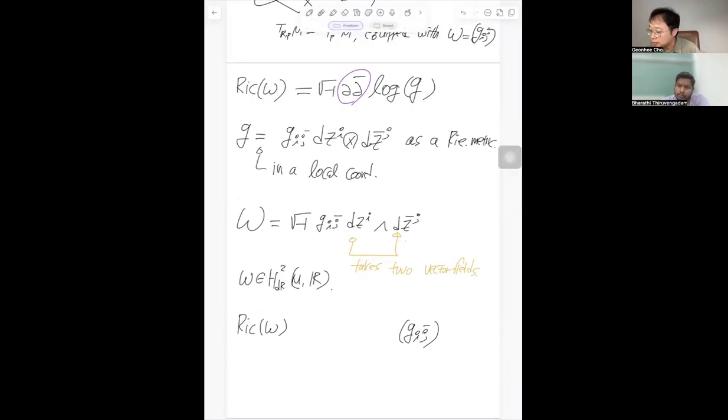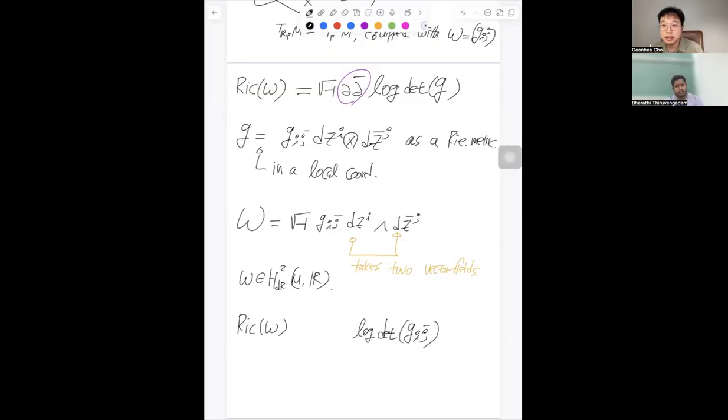Let me put the determinant, otherwise it doesn't make sense to take the log. If you look at this description, because this is a Hermitian matrix and this is an inner product, all eigenvalues are real and positive. So the determinant is always positive. This is a real positive function, so it makes sense to take the log.